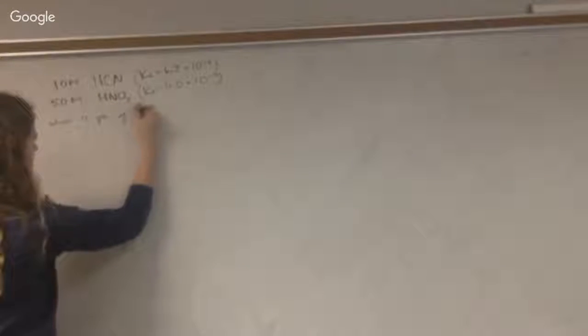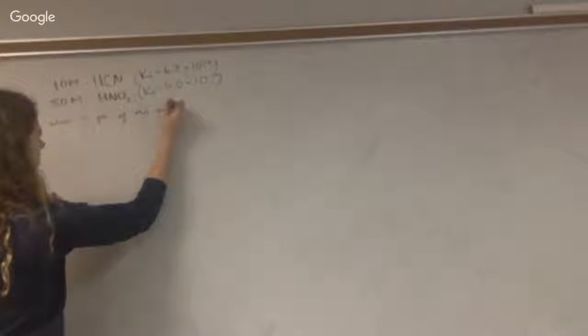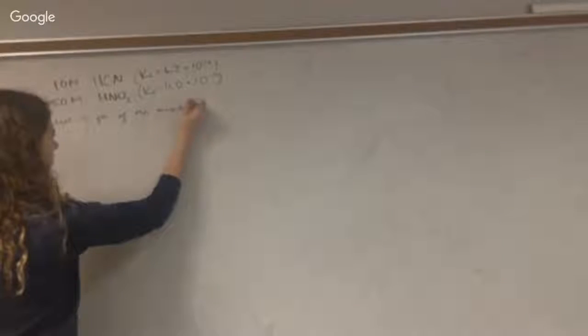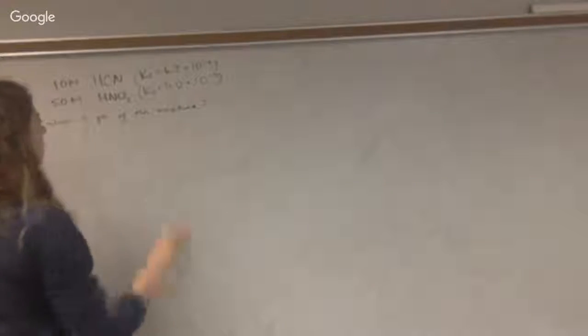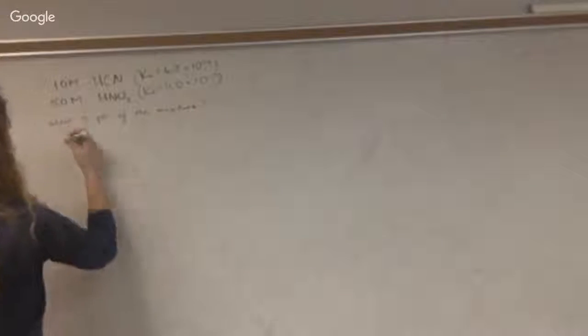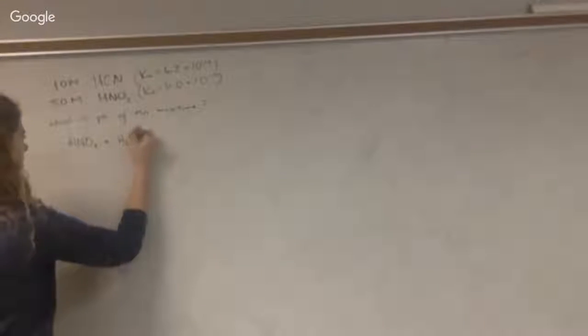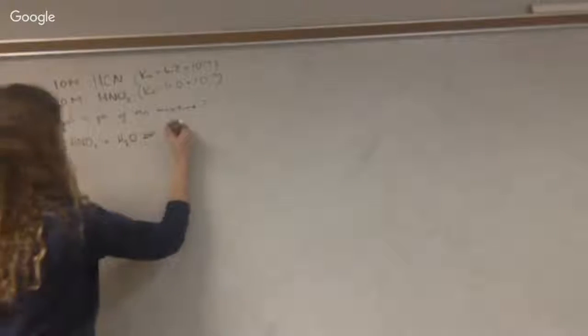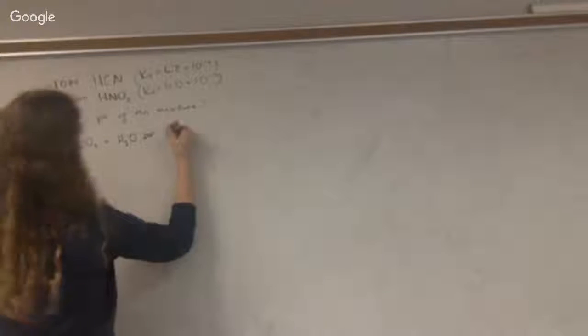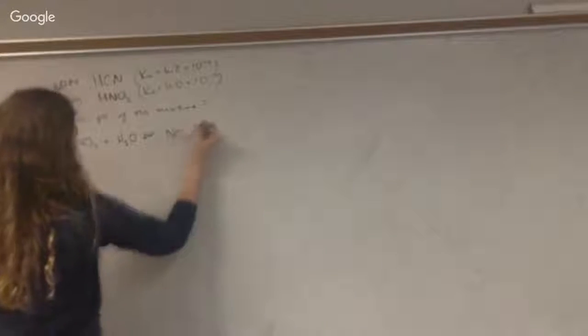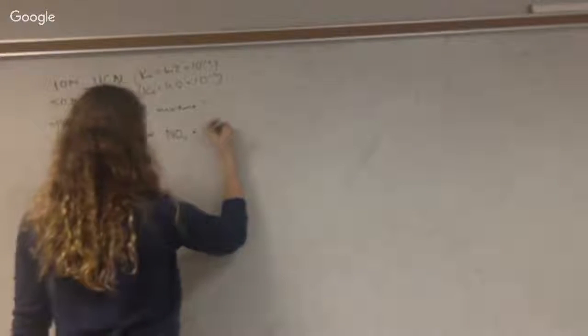You find the pH of HNO2 because it's stronger. Now, listen carefully if you would. This is exactly like a polyprotic acid. Whenever you have multiple Kas and they ask you for the pH, you go to whatever the Ka is that's the largest, and that's the Ka that you figure out your pH from.